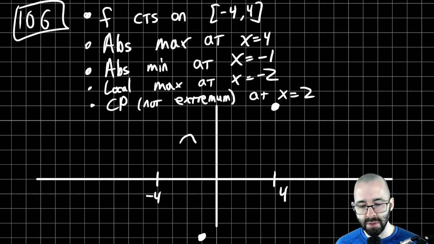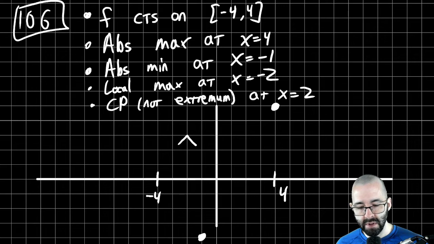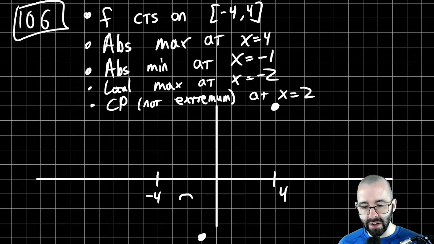This would be a local maximum here. You could have something be like this. This is a local maximum here. A couple different ways that you could draw it, but put it here. And again, it doesn't matter whether it's here, whether it's here, whether it's here. It doesn't matter where it is. What matters is that there's a local maximum here.